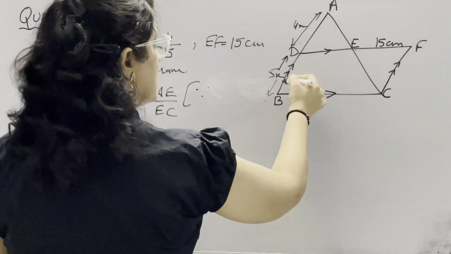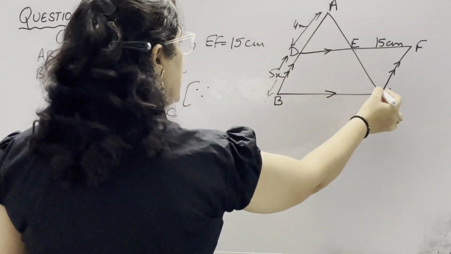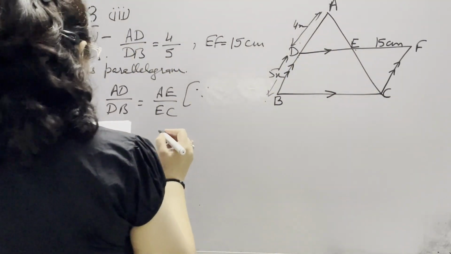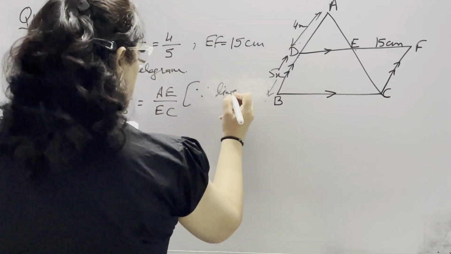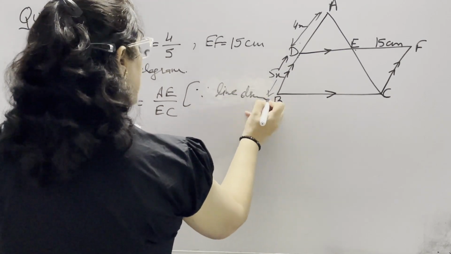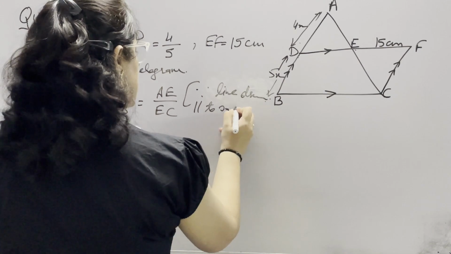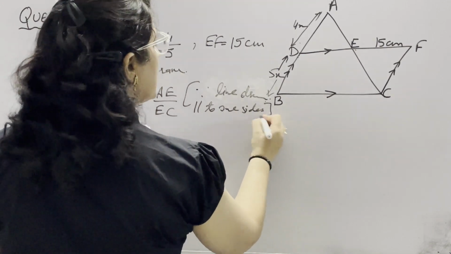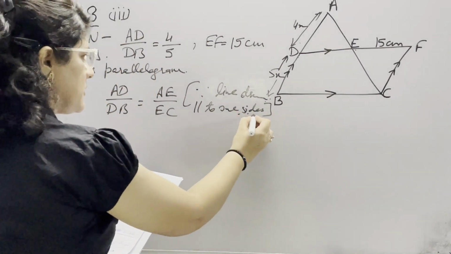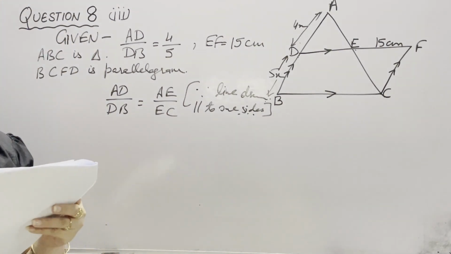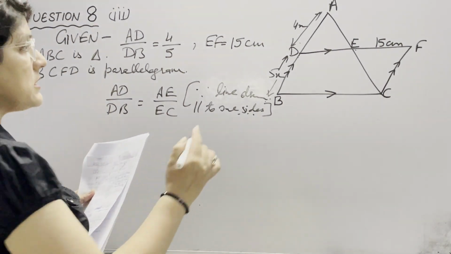So if the proportion on this side is 4:5, then AE upon EC is also equal to 4:5. We need to write that a line drawn parallel to one side divides the other two sides in proportion. Complete this statement.